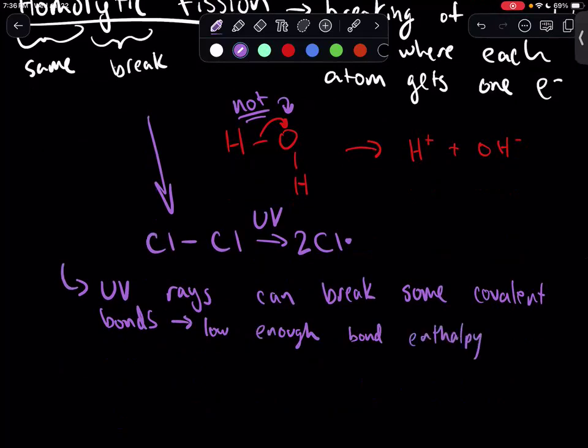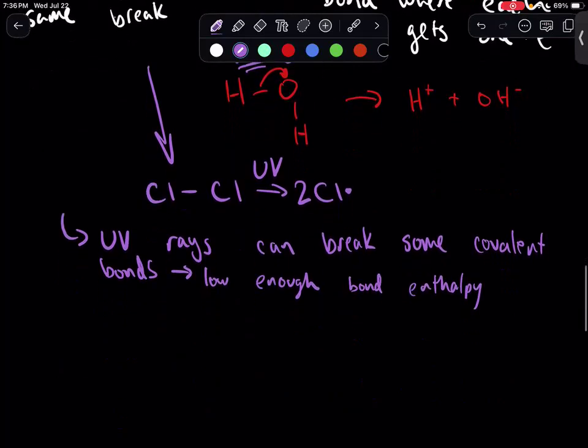So oxygen, diatomic oxygen, is a double bond with very high bond enthalpy. Ultraviolet can't break that. But something like a chlorine-chlorine bond, most of the halogens can be broken via that UV radiation. You'll notice that actually in this example right here, we made two radicals.